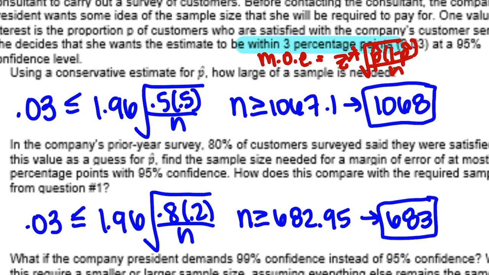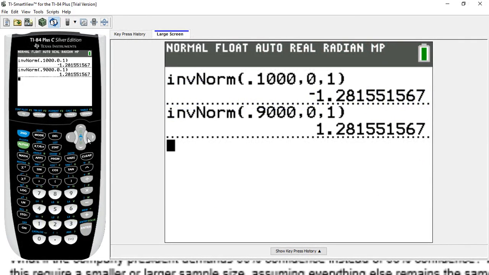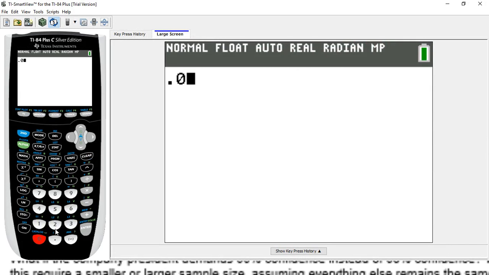So here I know I want my margin of error to be 0.03. It needs to be within that, so less than or equal, and then we have our z star times the square root p hat 1 minus p hat over n. We're solving for n. So I'm going to show you in the calculator how to solve for n. Basically, we want to do 3 steps. We're going to divide by 1.96 to get rid of that.